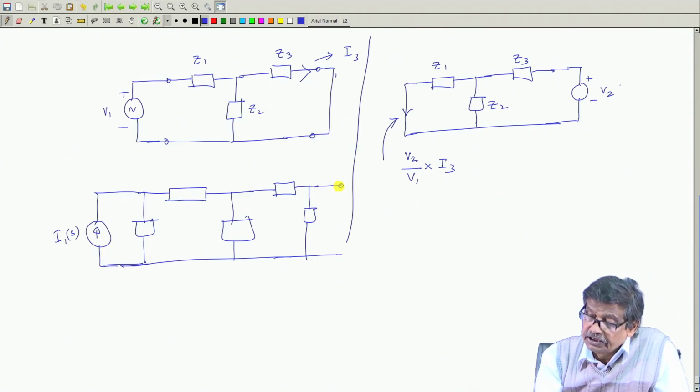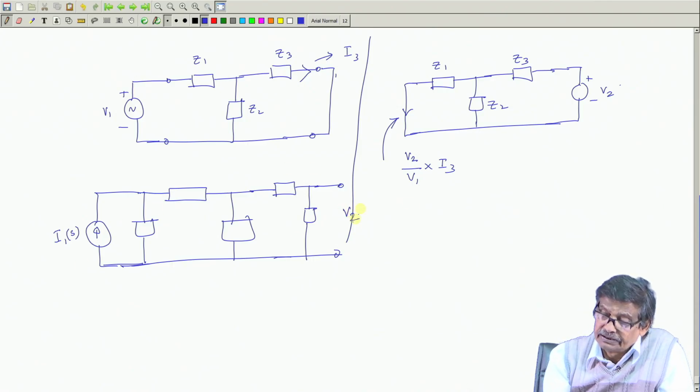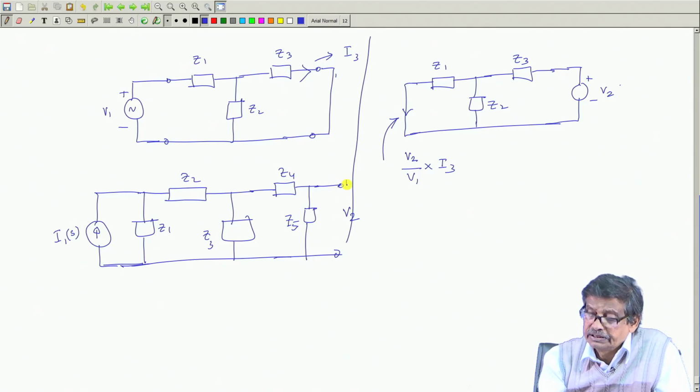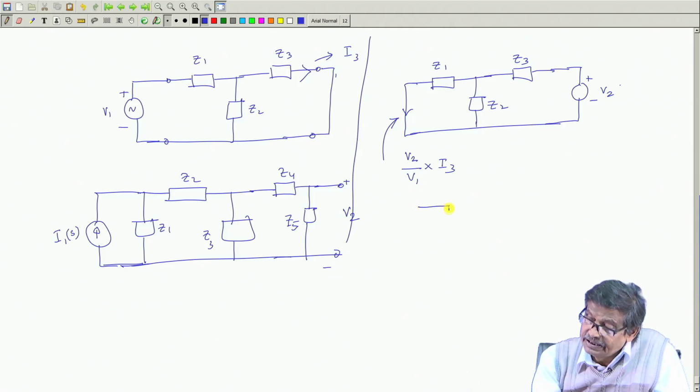Then calculate the voltage between these 2 points. There will be some voltage available. Whatever this voltage is, say V 2, solve this network. These are impedances, suppose Z 1, Z 2, Z 3, Z 4, Z 5. Calculate the voltage with this plus, this minus.